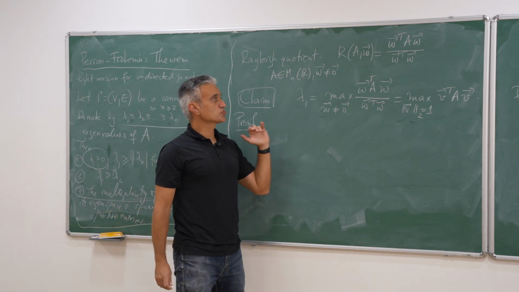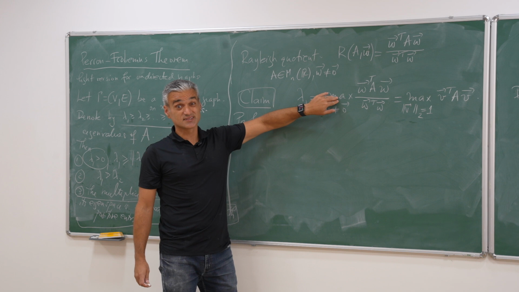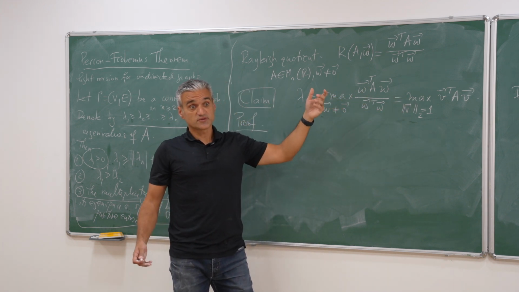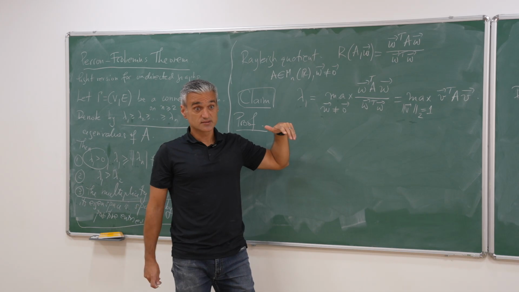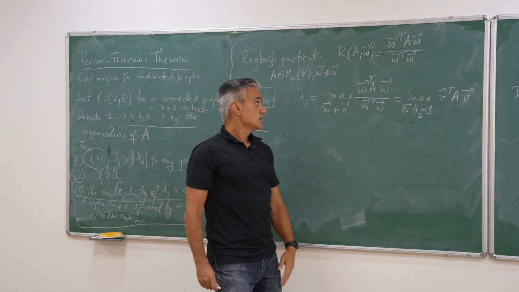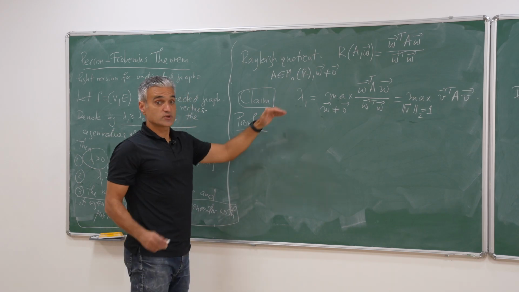Okay, so there are two things. The fact that here it's a max, you have to be careful sometimes. If it's a maximum, it means it has to be attained, because otherwise you put a supremum if it's not attained. So in order to prove this, we're going to show two things.